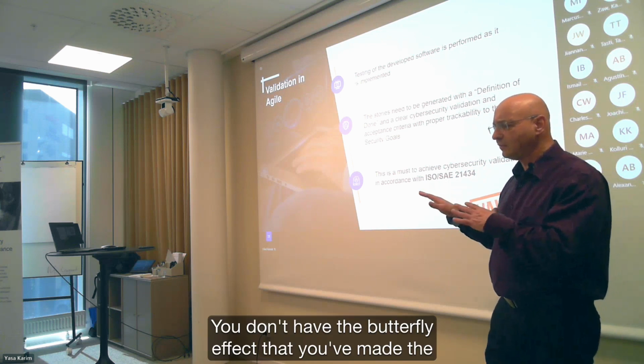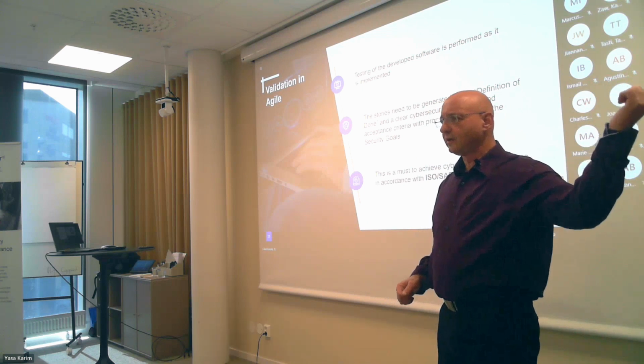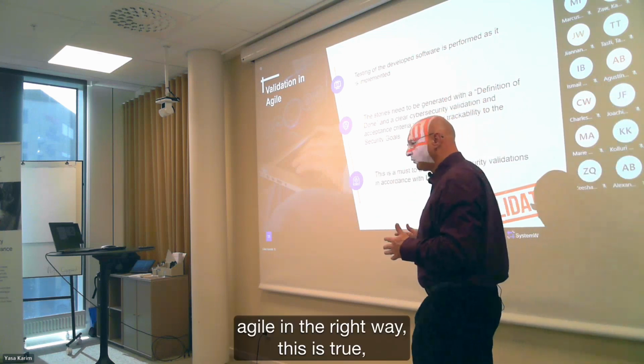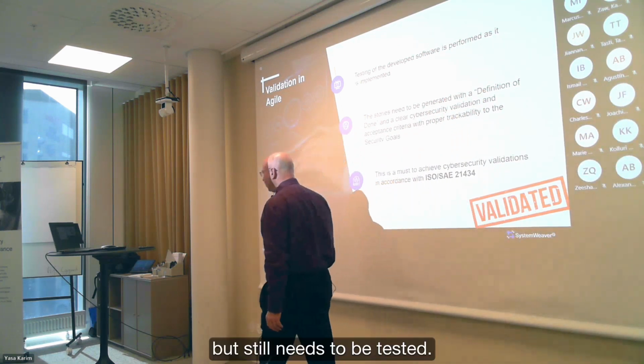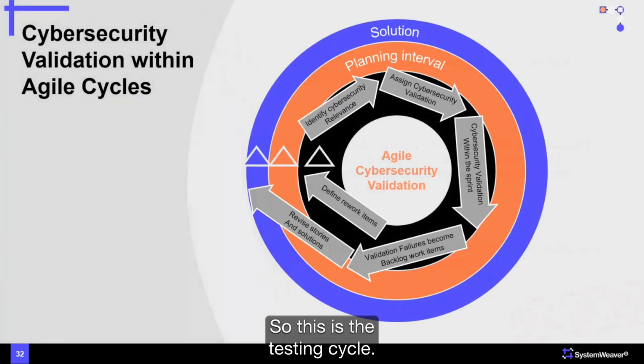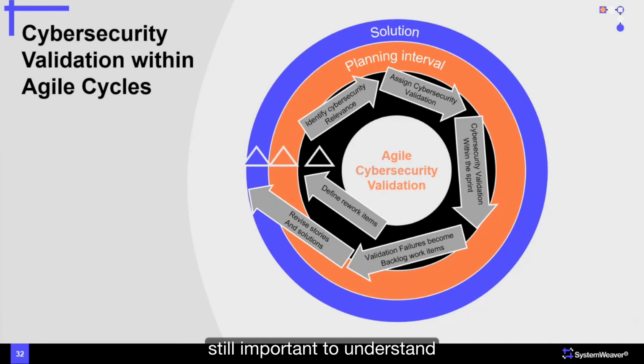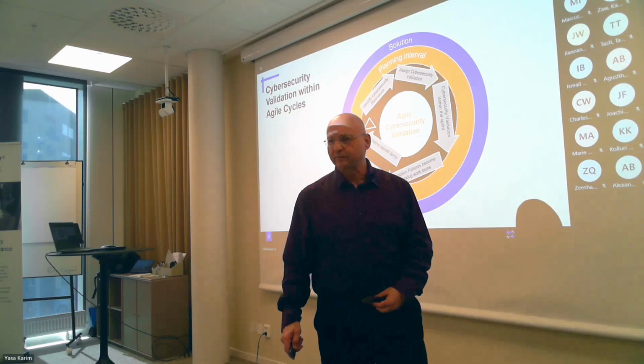You don't have the butterfly effect that you made a change here and it affects somewhere there. If you develop Agile in the right way, this is true, but still needs to be tested. So this is the testing cycle. Not going to go into every single step, but still important to understand.